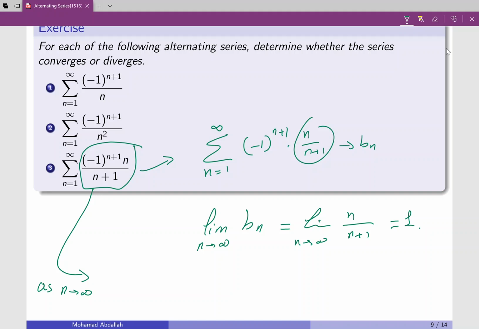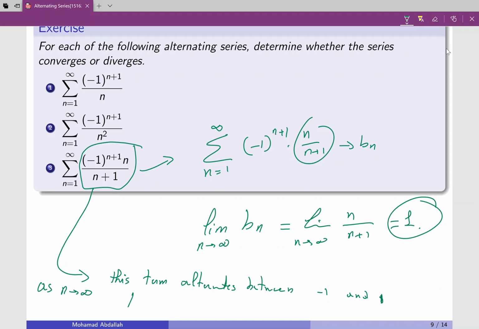So as n goes to infinity, this term alternates between minus 1 and plus 1. Like if this guy was 100, that's going to alternate between minus 100 and 100. If this guy was 2, that's going to alternate between minus 1 times 2, which is minus 2, and 2.